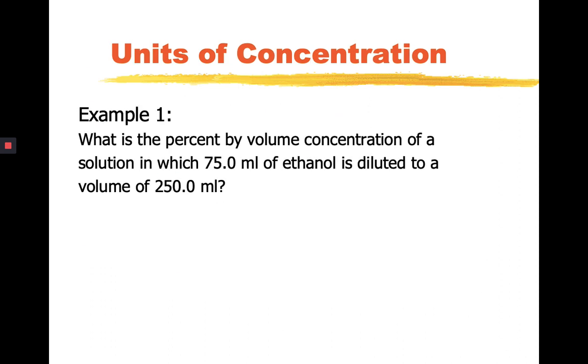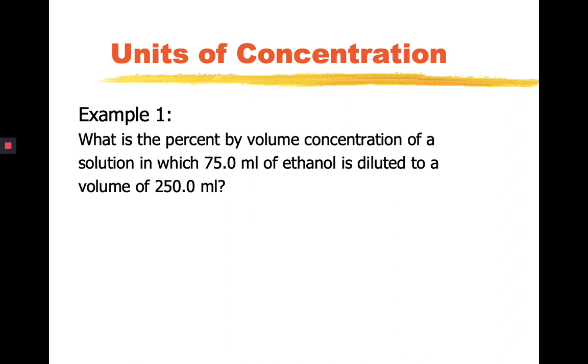An example problem here, let's deal first with percent. What is the percent volume concentration of a solution in which 75 mL of ethanol is diluted to 250 mL? When you say dilute, you add water such that the amount of the solvent will be much greater than before.